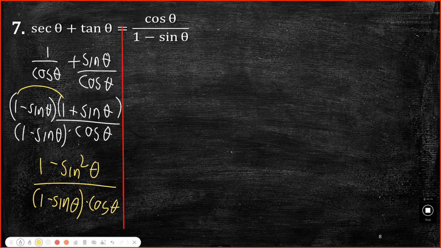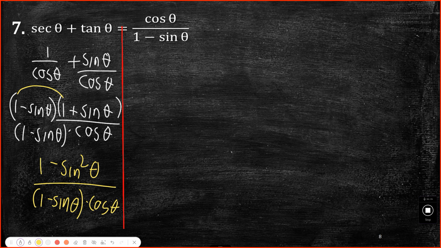Well, now what? We do have this 1 minus sine theta already. So we need to work with this stuff here. What do we do here? We got to work with this.